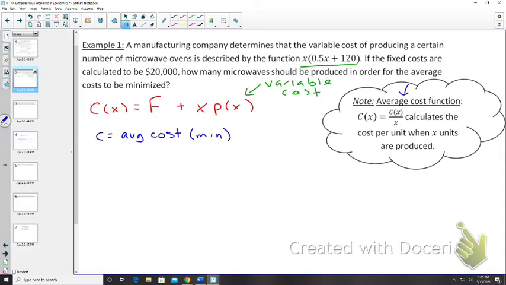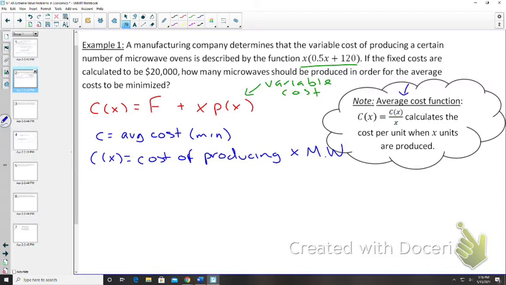And C of X is going to be the cost of producing X microwaves.